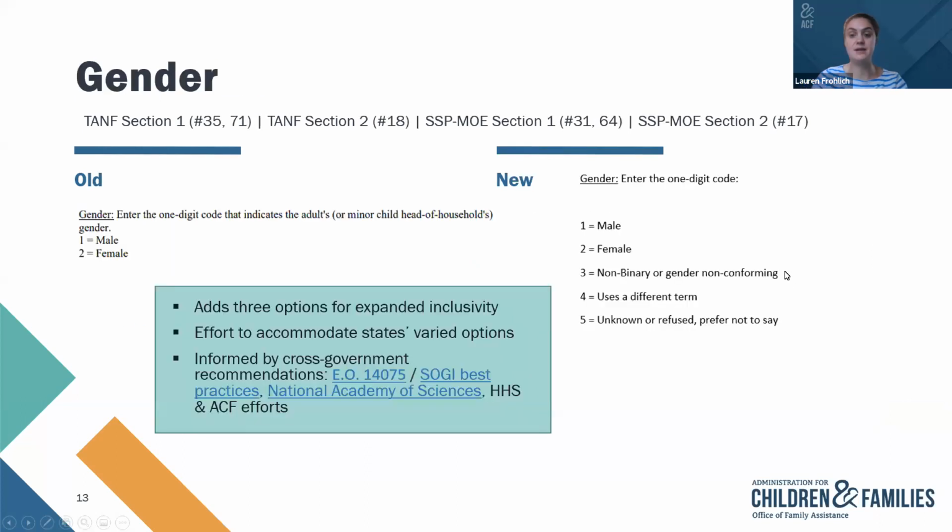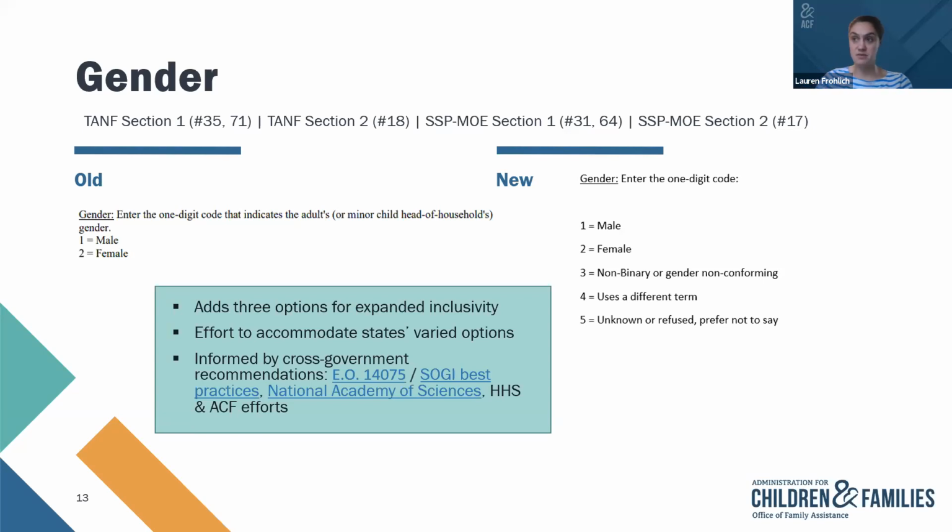The next item is on gender. And so this is one where, when I mentioned that we were doing the best we could to have our data collection reflect inclusivity, we had gotten questions and had been thinking a lot internally about how to have the gender question on the data report reflect more than male and female, and what those other options should be.